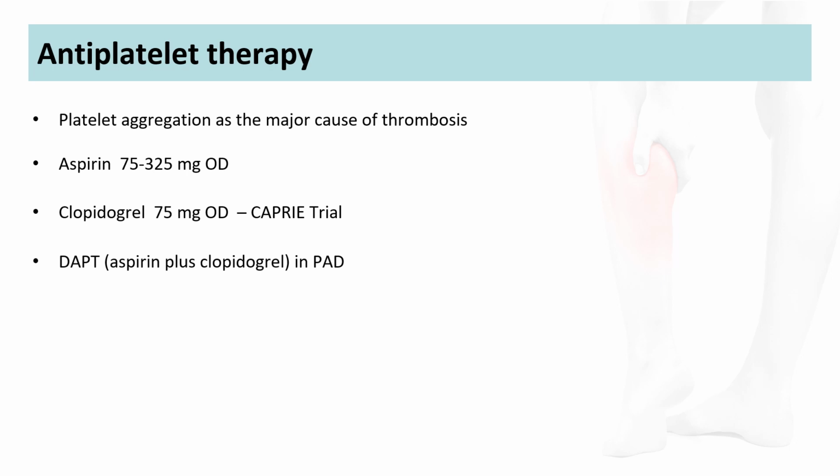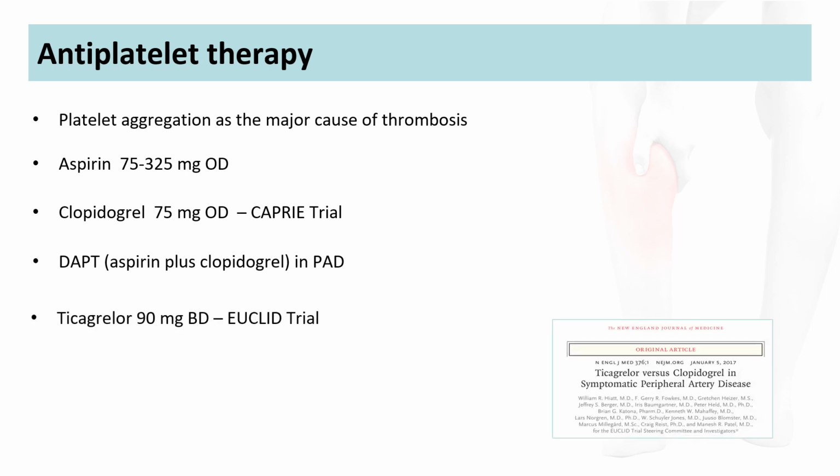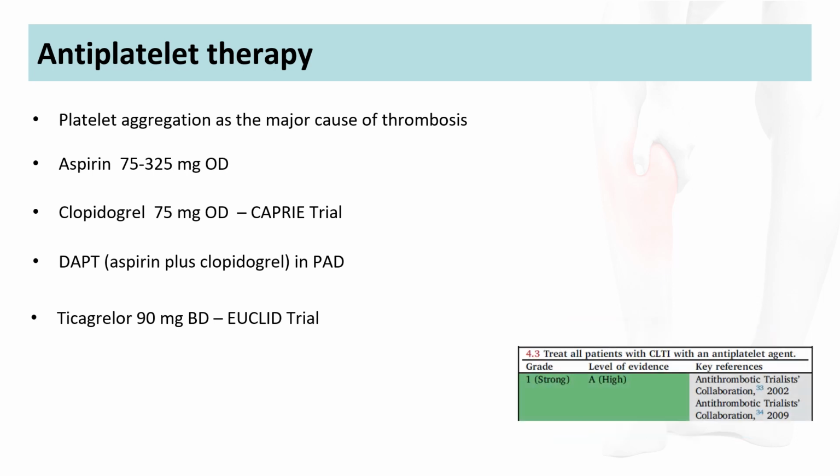Now, the use of dual antiplatelet therapy as well as ticagrelor in the peripheral arterial bed has been found to be not guided by evidence in literature, though both of these are largely useful in the coronary artery disease. Now, beyond doubt, across all guidelines, it's known that an antiplatelet is essential in CLTI.